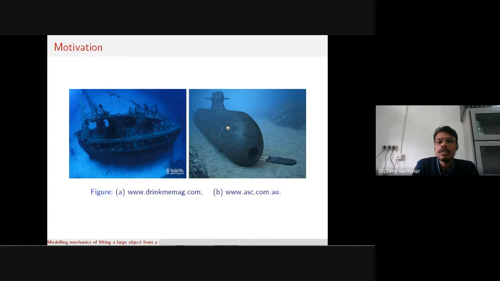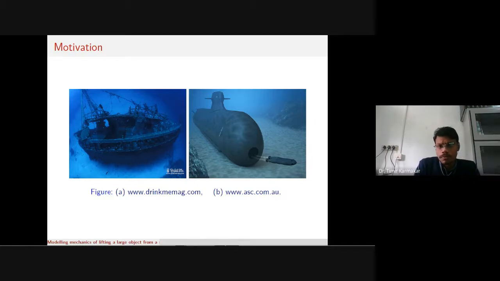In submarine technology this is very useful: if we have an idea about the time duration, a priori estimate that it may need this much time, then this will help us in submarine technology. That means we have a priori idea that within this time we can detach it from the porous bed. These are some of the motivations to attempt this work.